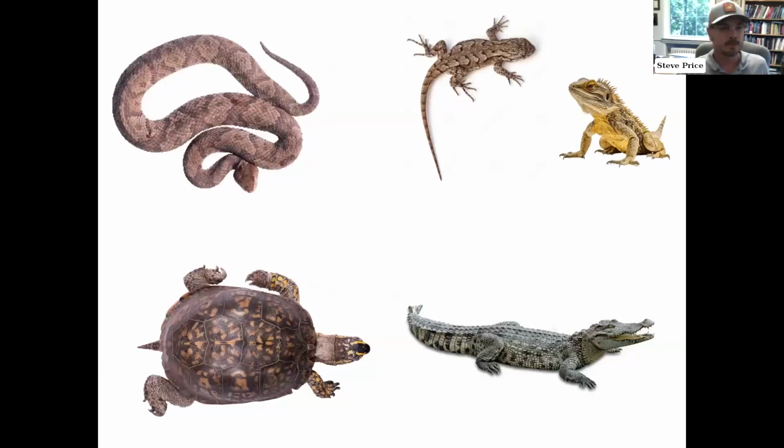Reptiles, again, most people are familiar with reptiles. It includes the snakes and lizards, which are actually kind of a combined group called the squamates. Then you have turtles and crocodilians, like the American alligator pictured here. And then there's this other group of strange lizard-like reptiles called tuataras, where depending on the authority, there's 1 or 2 species, and they're found on islands off the coast of New Zealand.